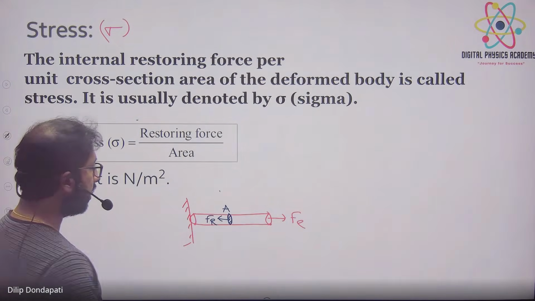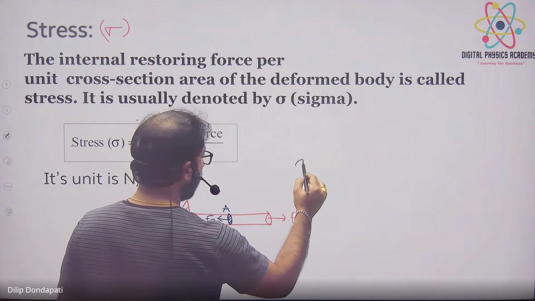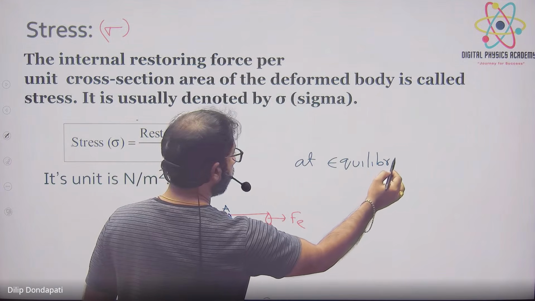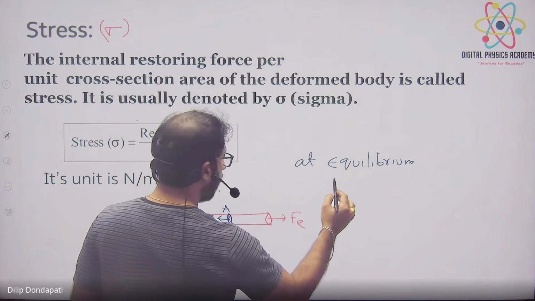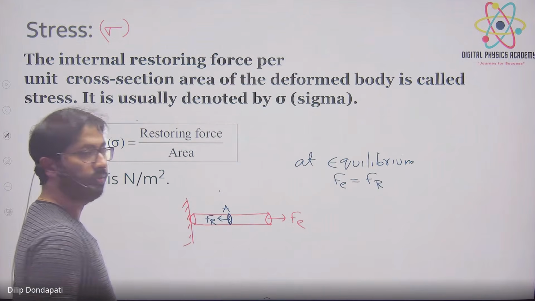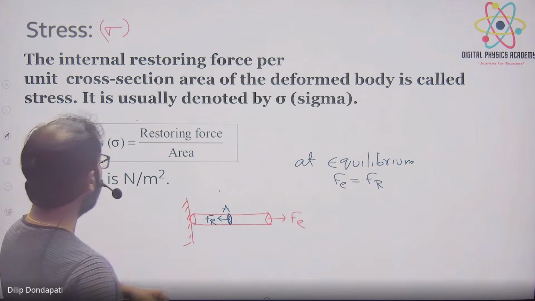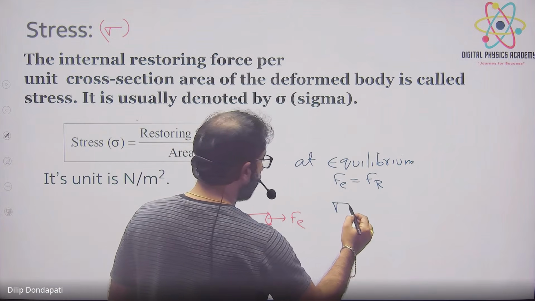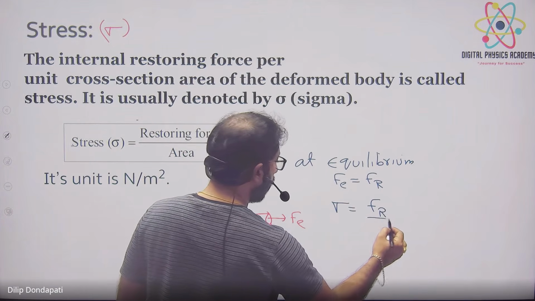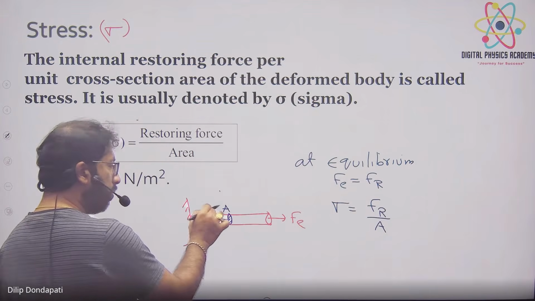And the stress at equilibrium: the external force is equal to the restoring force. That's why whenever they say find stress, what is the formula basically? Restoring force upon unit area, right? This is the force FE acting per unit area.